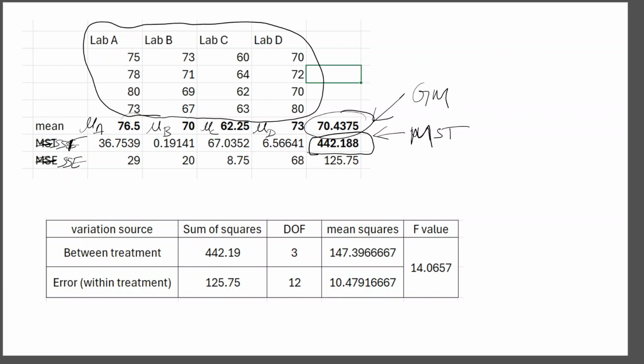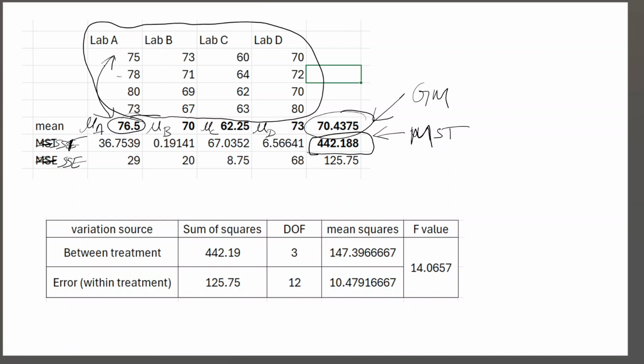That is MST. Similarly, for MSE, generally for variance we subtract the mean from xi, that is xi minus x bar, the whole square.